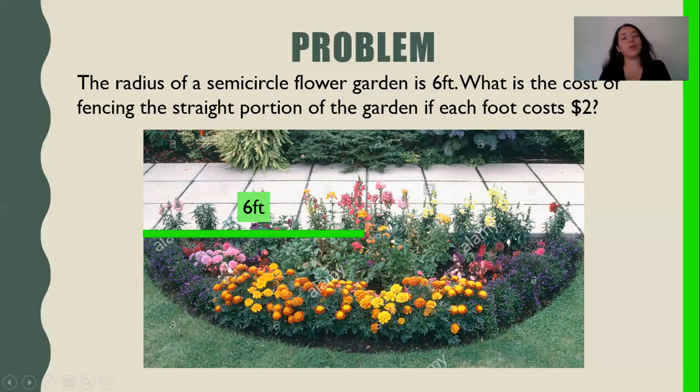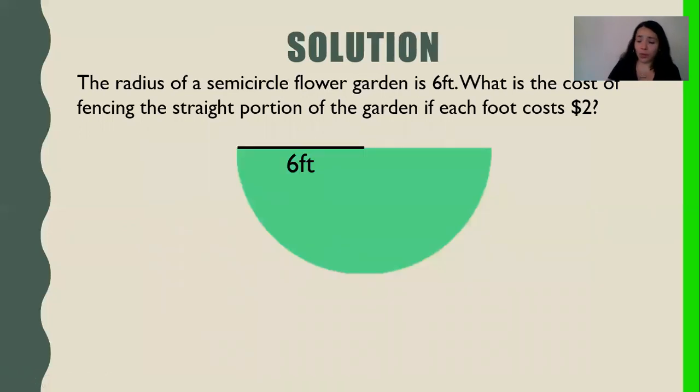Really good. So our diameter would be 12 feet. We need 12 feet in order to make a fence that covers this whole section of our garden. Now this is a drawing representation of our garden. You said that all of this would be 12. How do you know it's 12?